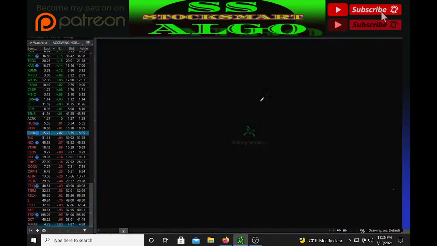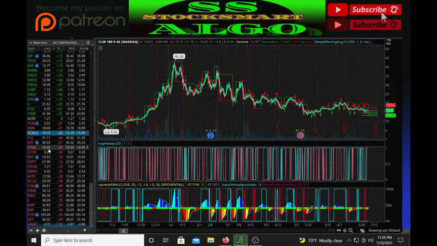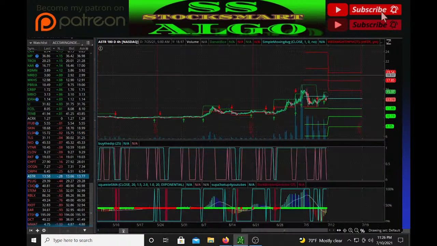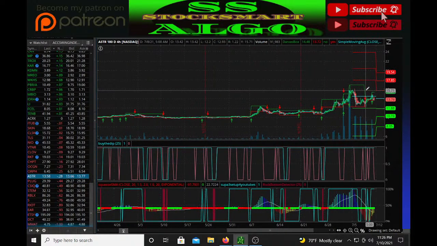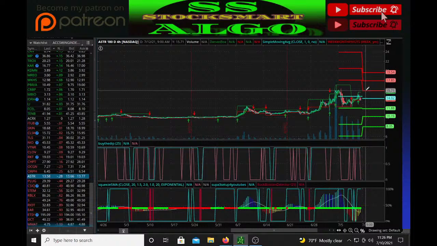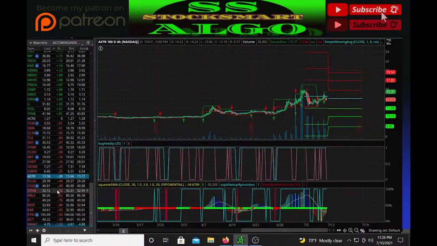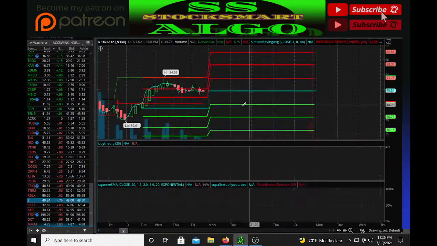Let's see. What's that? Clean Spark, Neo, VTNR, Clove, Rocket, ChargePoint, Ocugen, ORPH, A Star, which is the new SPCE SPAC, okay? Plug, STEM, Roblox, what's S?